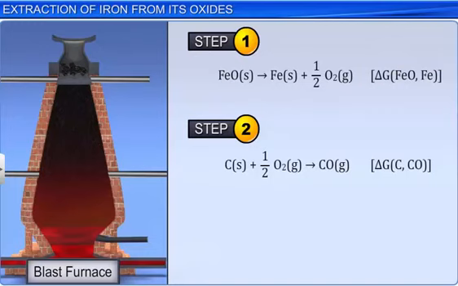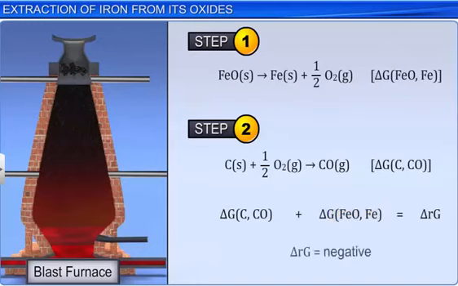In the second reaction, carbon gets oxidized to carbon monoxide. Let the change in the Gibbs free energy be delta G CO. When the two reactions occur, the net Gibbs energy change becomes delta G reaction equals delta G CO plus delta G FeO,Fe. This becomes spontaneous when delta G reaction is negative.